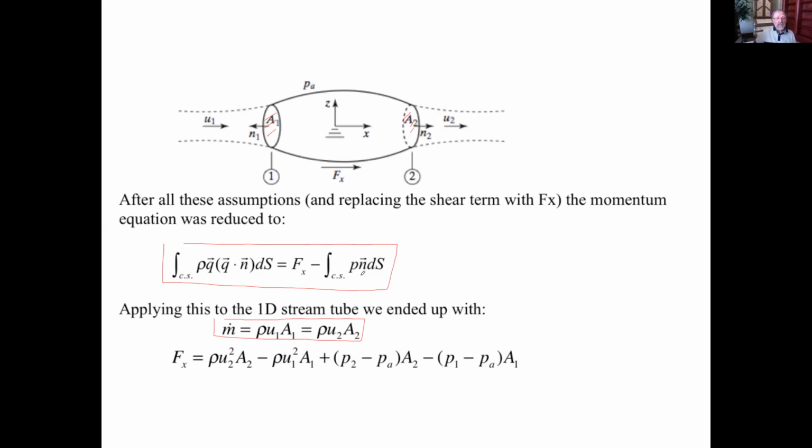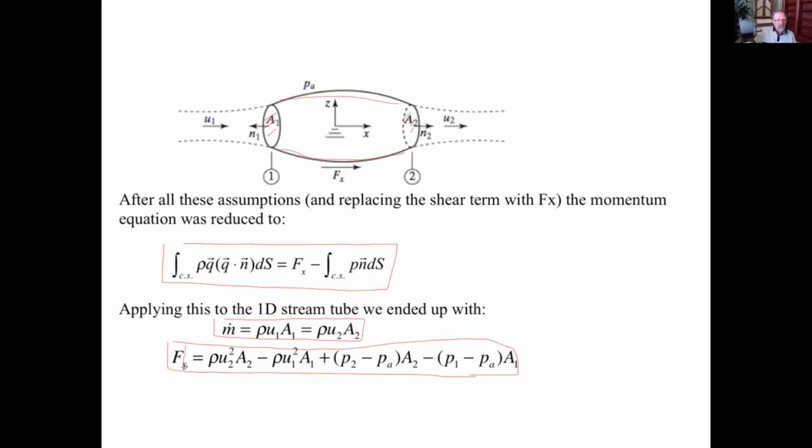And then if we extend that formulation into that case, we ended up with the momentum equation. And remember what we said, that in order to keep the control volume in place, there must be some shear force on that solid surface right here. The sum of those shear forces, we call Fx.